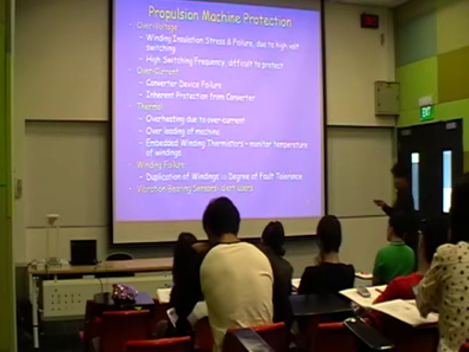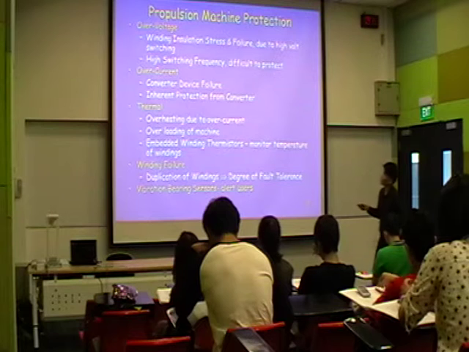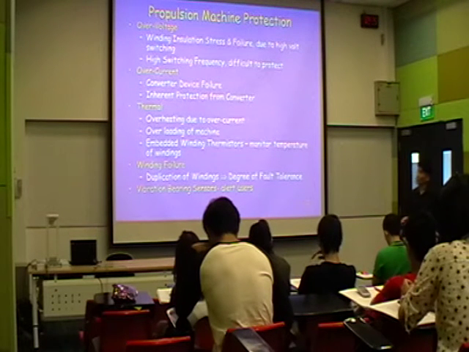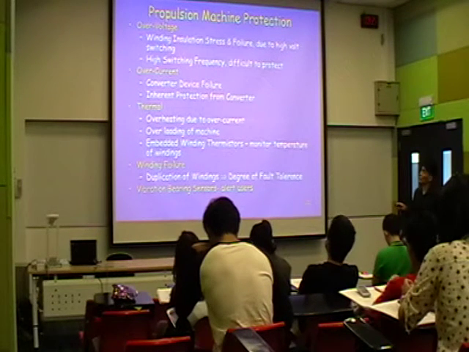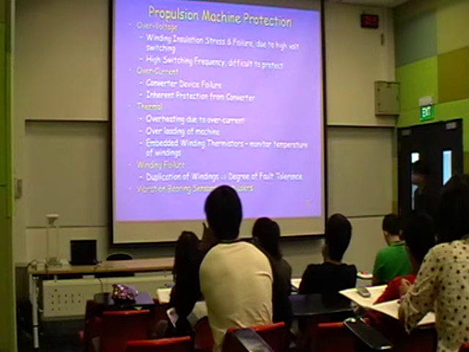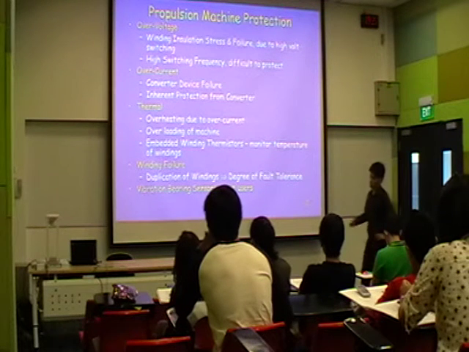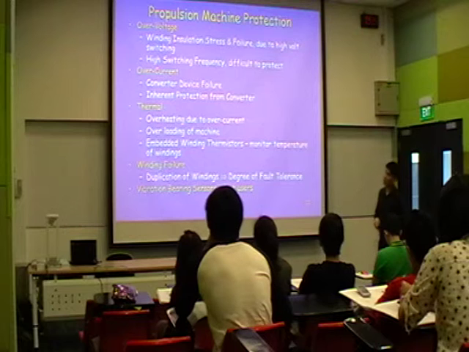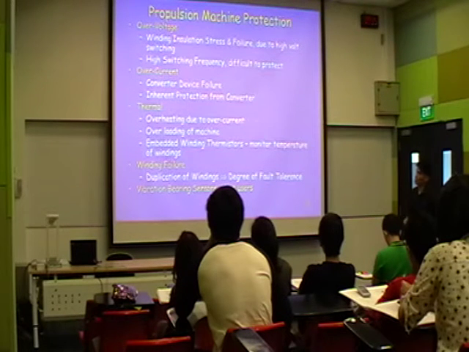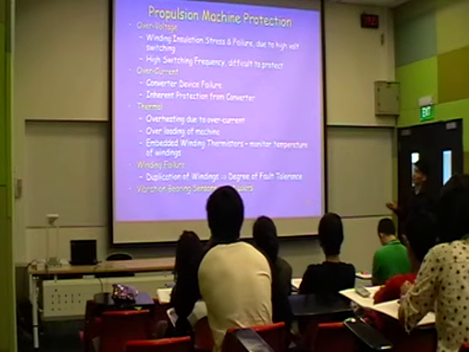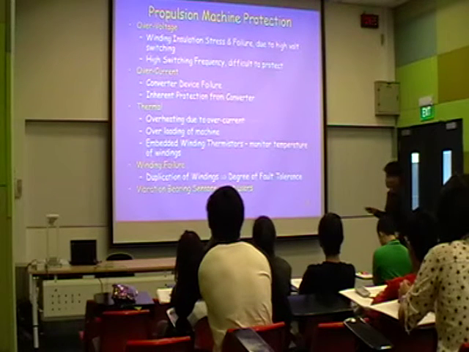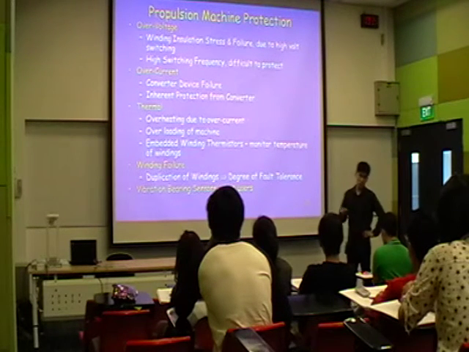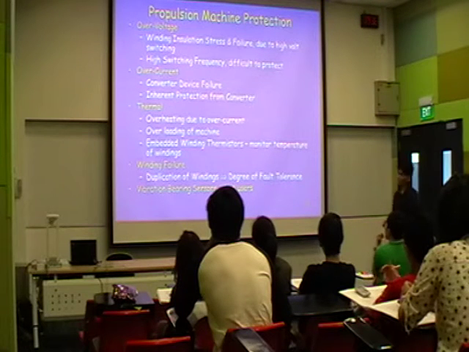So these are some of the protections that we need to do. For overvoltage, we will try not to have a higher voltage. If the voltage is not what we actually expect, it's something you need to watch out for. For overcurrents, you use the fuse and so on to overcome that.